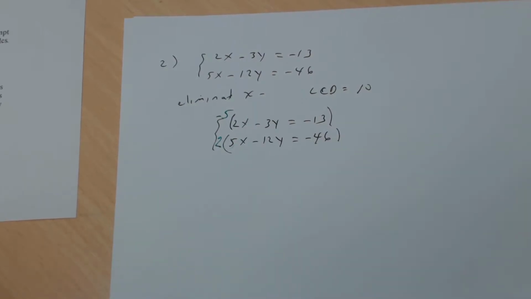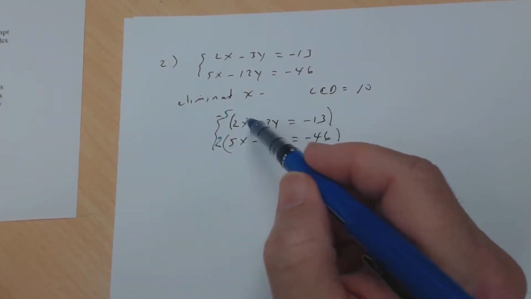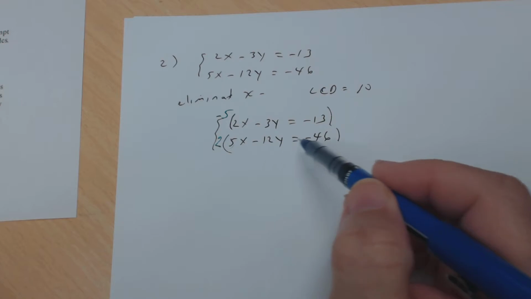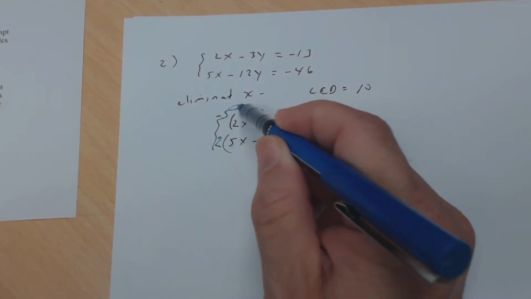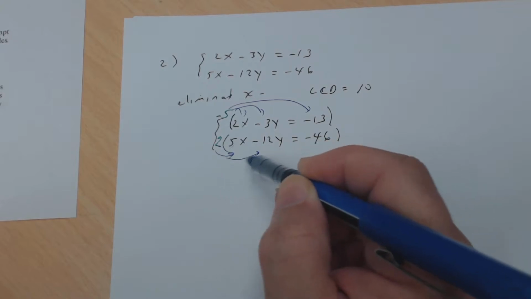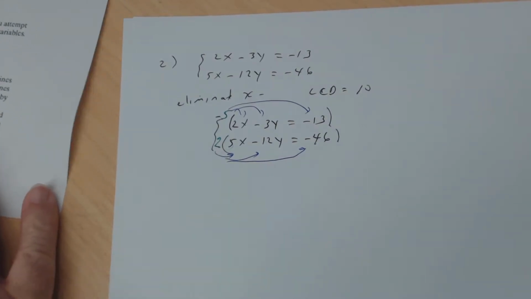Now remember, you are multiplying both sides of the first equation by negative 5, and you're multiplying both sides of this equation here by 2. So remember, you're going to distribute here. Everything has to be multiplied by 2. Okay, so now let's see what we get.